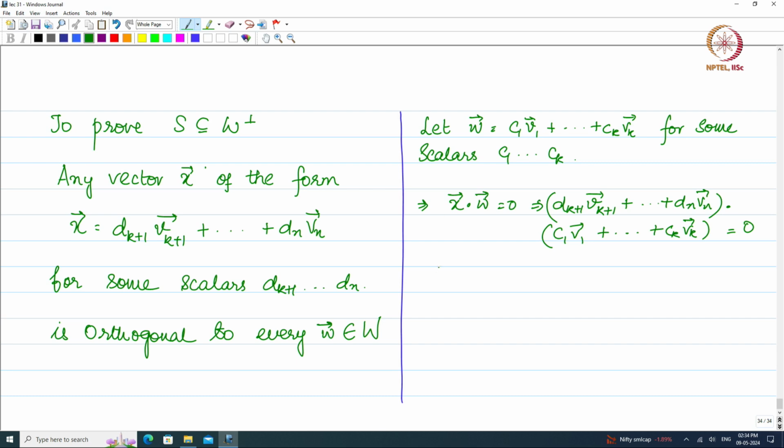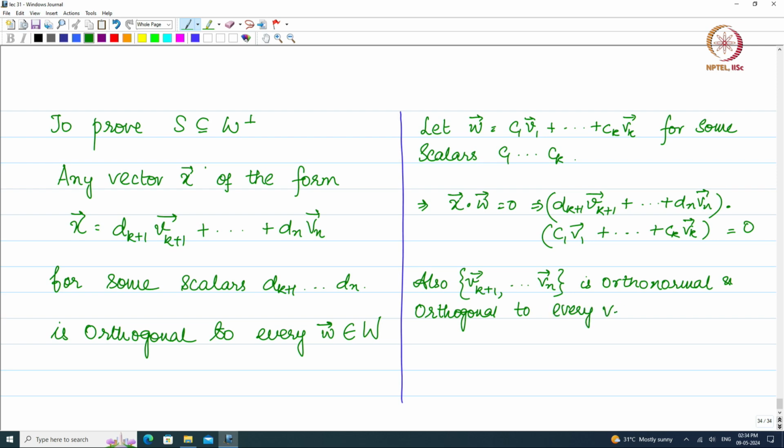So what we are going to say is that vk plus 1 etc. vn are themselves orthogonal and of unit length, so orthonormal, and orthogonal to every vector in the other set of bases for W, every vector in v1 etc. vk.